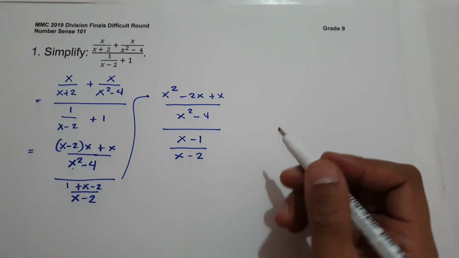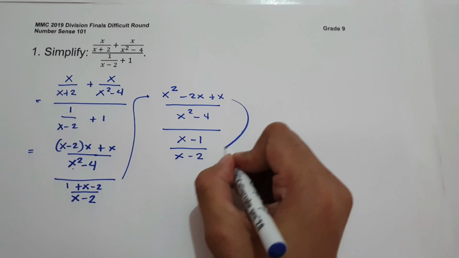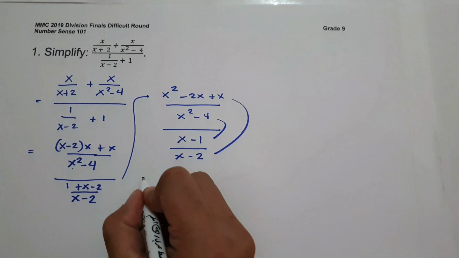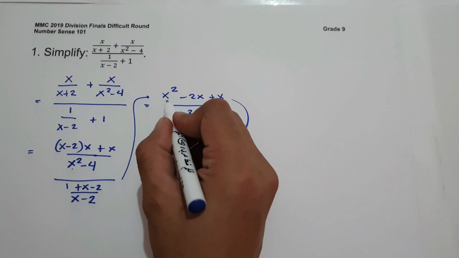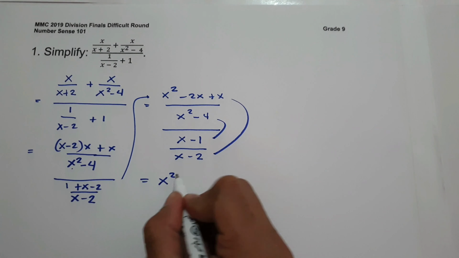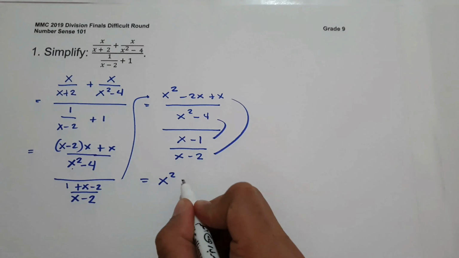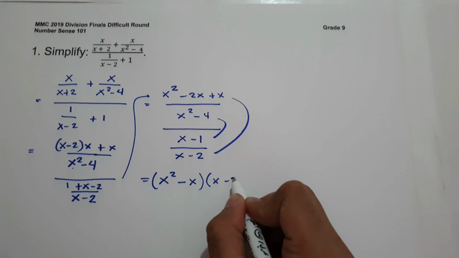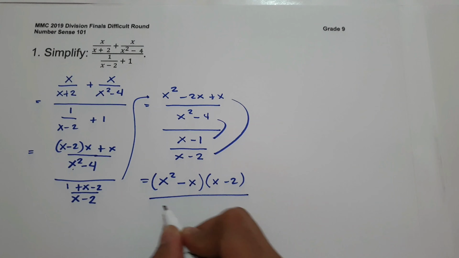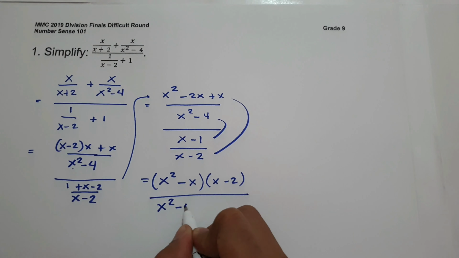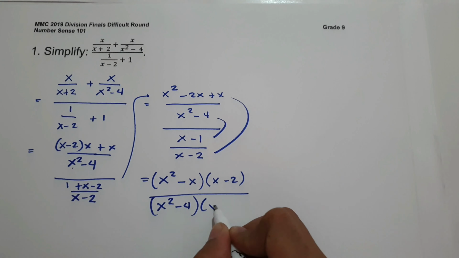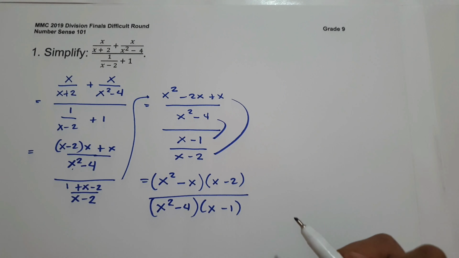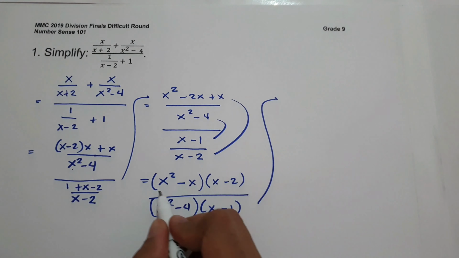So let us simplify. Let us multiply this one. We have now x squared, and negative 2x plus x is negative x, multiplied by x minus 2 over x squared minus 4 times x minus 1. Then let us factor this one.